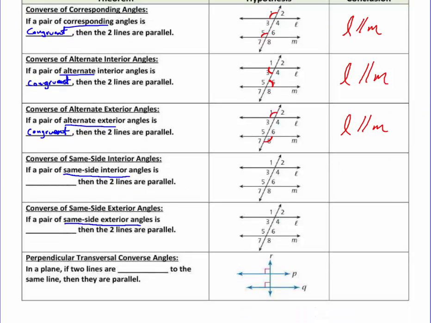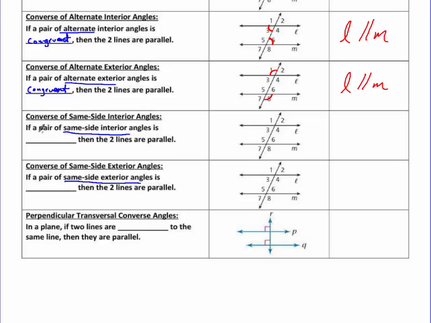All right, so remember same side angles, they're a little different, right? So if a pair of same side interior angles is, so same side, that would be like angle 3 and angle 5. Well, you know they're not congruent because one's obtuse and one's acute. But if they are supplementary, then the two lines are parallel.